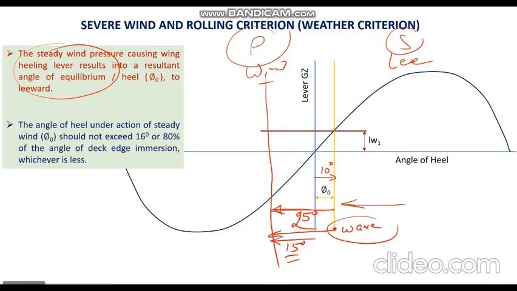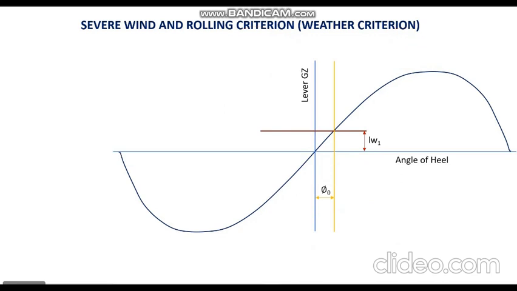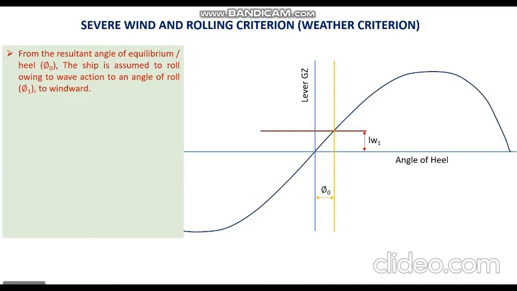Now they are saying, as the vessel reaches this limit. So first let's talk about this one now. That means the vessel is now excited by the wave. Now this is what you need to write. From the resultant angle of equilibrium phi 0, which is there on the diagram, the ship is assumed to roll to wave action to an angle of roll phi 1 to port side.